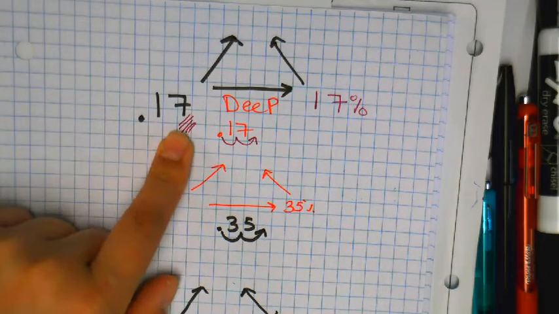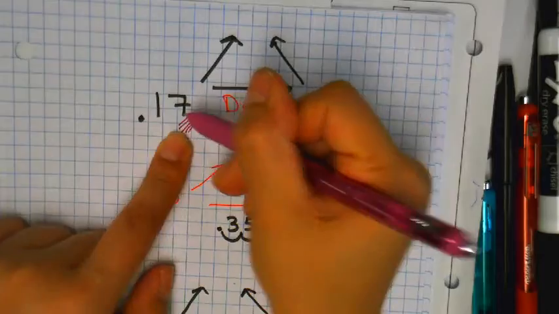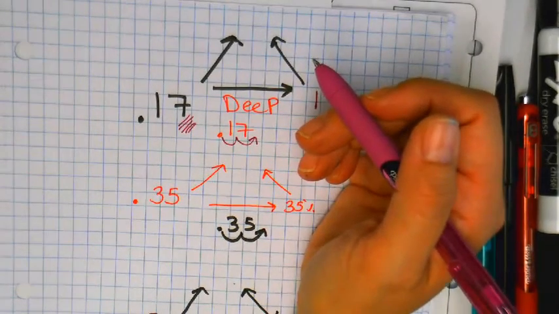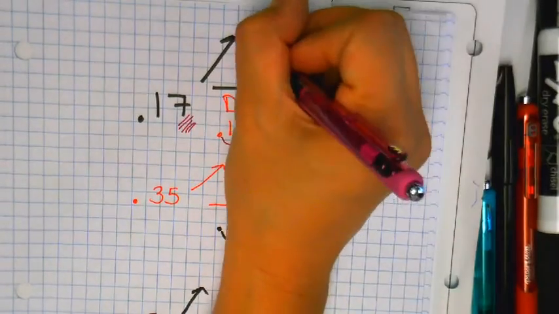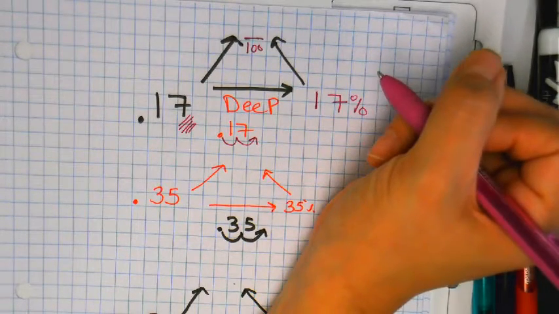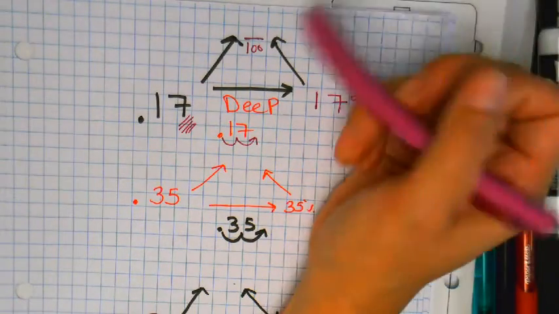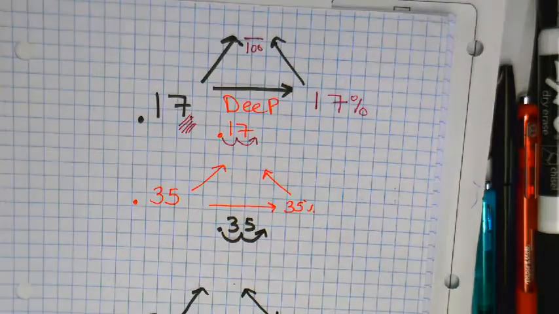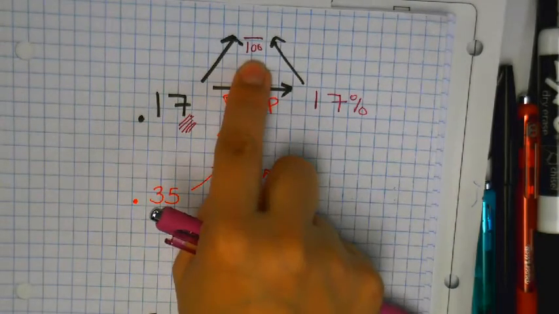The second number, right? It's in the second position. Hundredths. Guess what? That hundredths is your denominator. So, because the 7 is in the hundredths place, that makes it your denominator in your fraction.